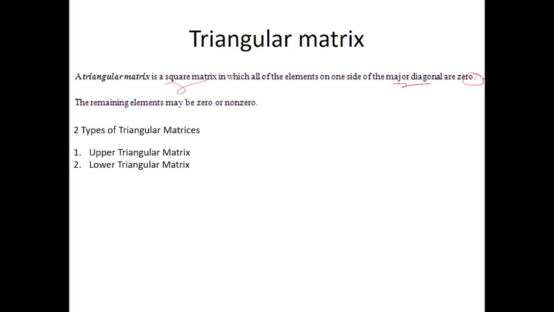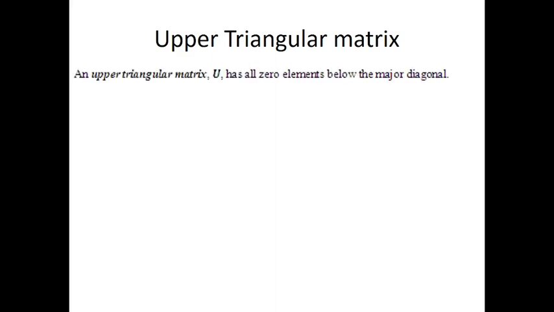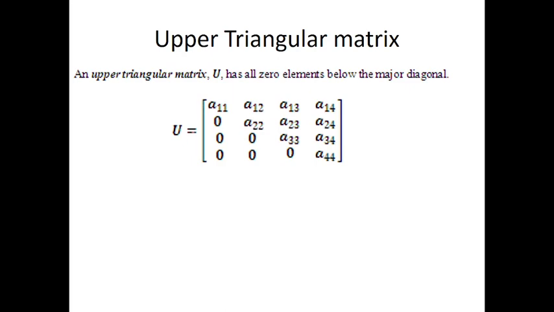All of the elements on one side alone. To illustrate, we have here an upper triangular matrix, denoted by U, which has all 0 elements below the major diagonal. As you notice, this is the major diagonal and all of the elements below it are all 0.